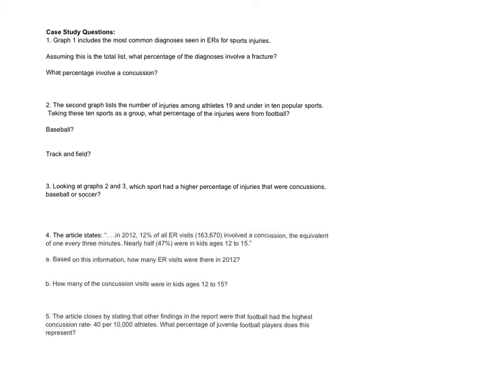So if you're using a number and the number happens to be a total number of injuries or the total number of concussions or the total number of baseball injuries or the total number of football injuries, then write down what that number represents. Don't just write the number. And then when you do the calculation, then we'll be able to figure out if it makes sense or if it doesn't make sense. Okay?